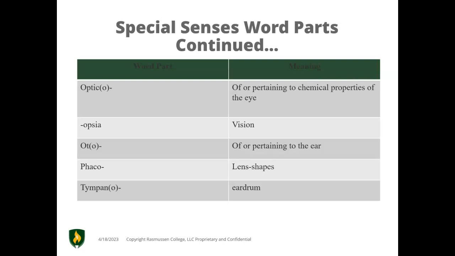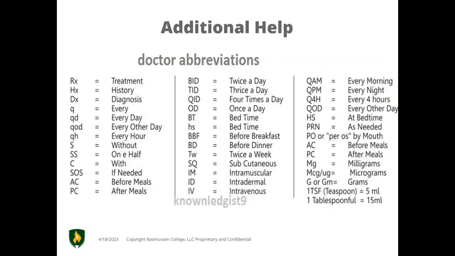Now, one of the other things that are going to be some additional help this week is going to be these abbreviations. On your course project this week, it does talk about medications. So some of the ones that are really important are going to be the ones that you find here in this middle section.